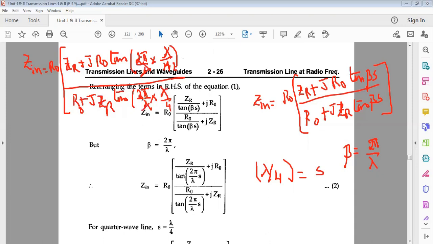So lambda gets cancelled, and the 2 with the 2 cancels. So Zin is equal to R0 whole multiplying with ZR plus J into R0 tan pi by 2.